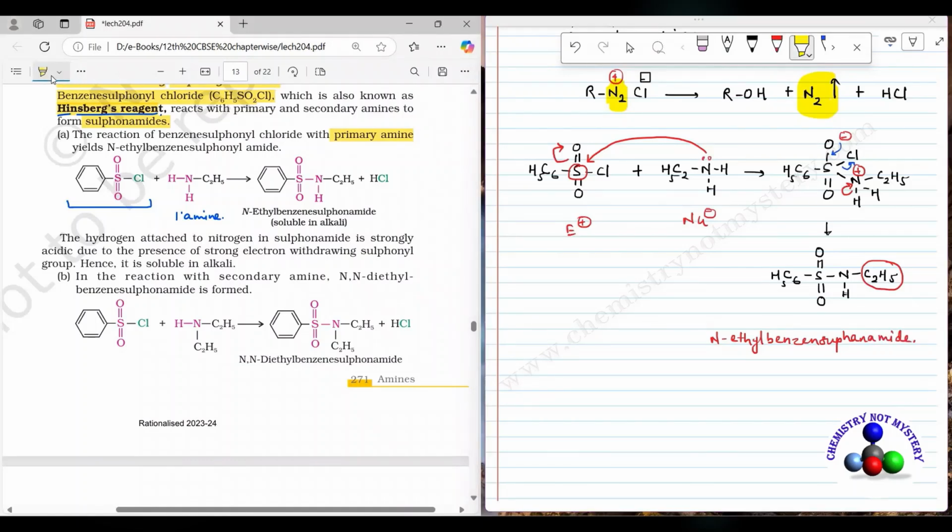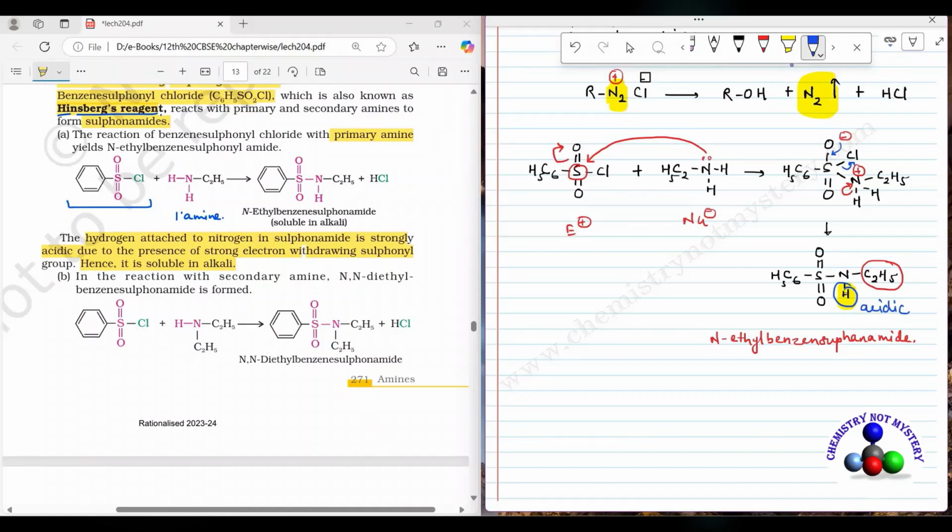Now let's read from the book. The hydrogen attached to nitrogen in sulfonamide is strongly acidic due to the presence of a strong electron withdrawing sulfonyl group. Hence it is soluble in alkali. So let's see here. This hydrogen which is bonded to nitrogen is a strongly acidic hydrogen, as it is bonded with the electron withdrawing sulfonyl group.